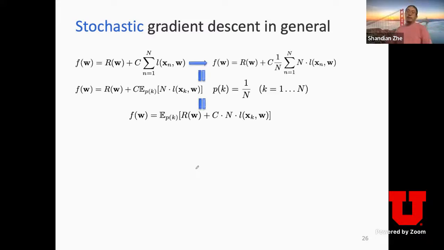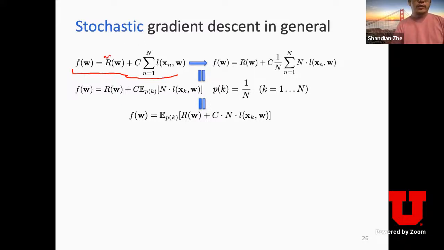Okay, so in general, let us assume our objective function or total loss function has this form. F is the total loss function on some training data set, and it contains two parts.